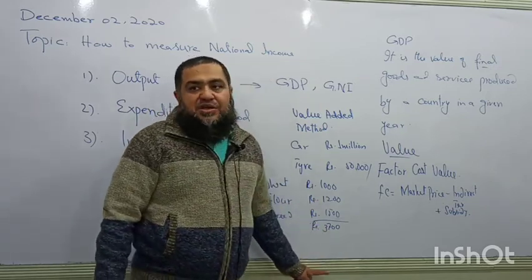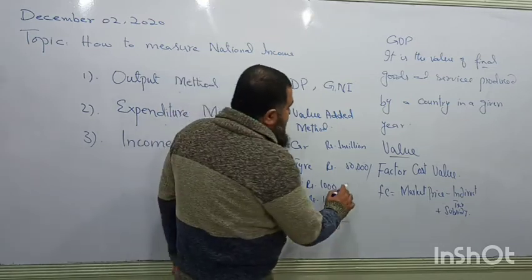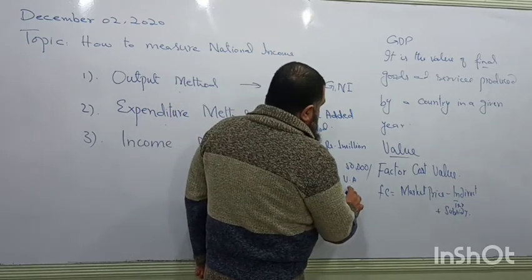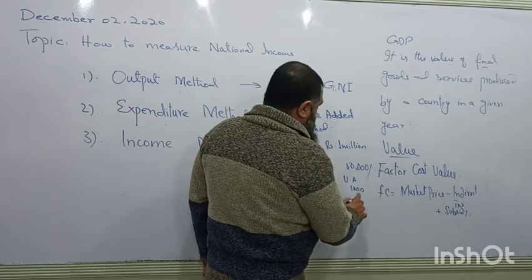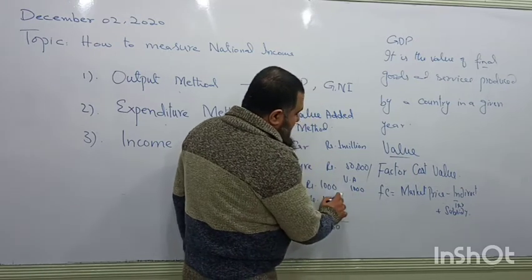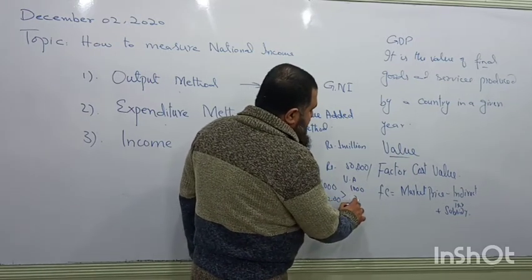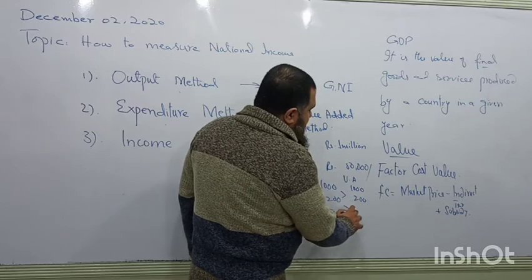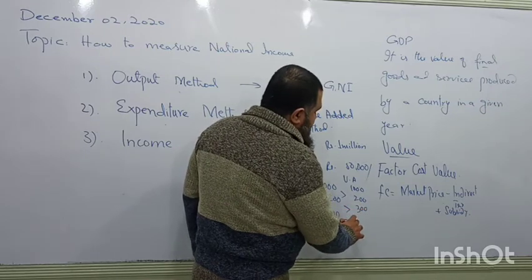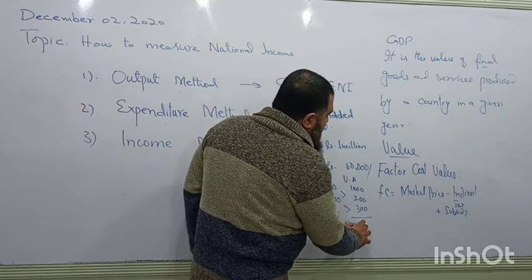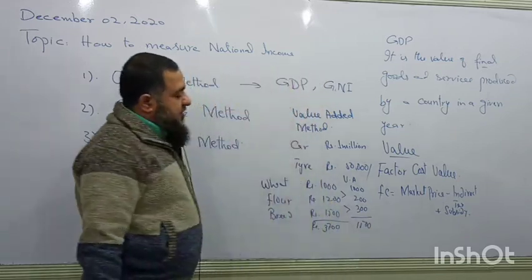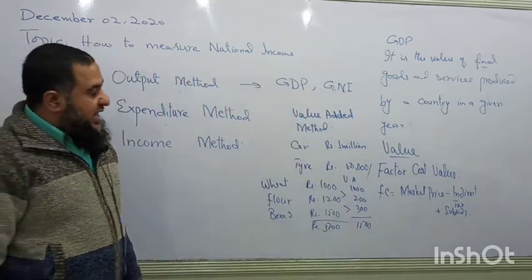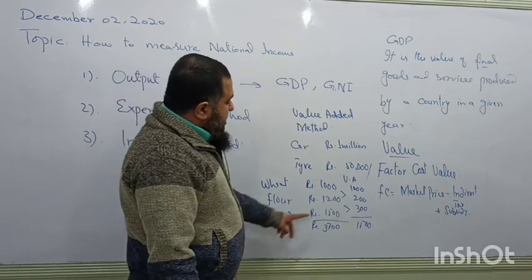If we add wheat value, flour value and bread value, you can say our GDP has reached 3,700, but actually this is not the case. What is the value added method? This is the value of wheat. How much value is added by the flour mill? That is 200. And how much value is added by the baker? That is 300. Now the overall GDP is worth 1,500 rupees instead of 3,700.